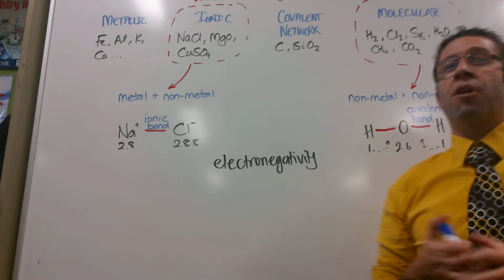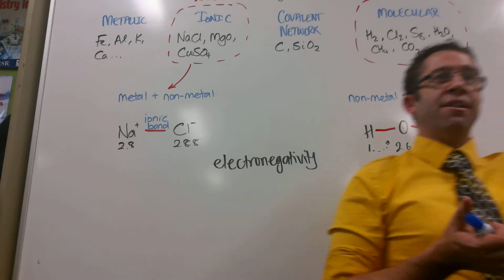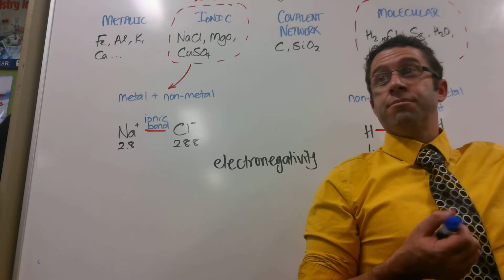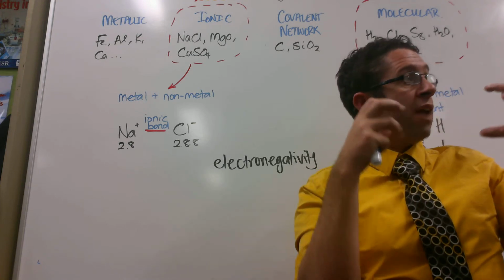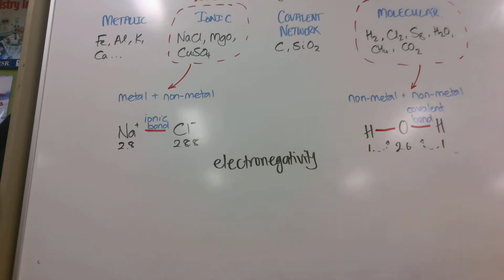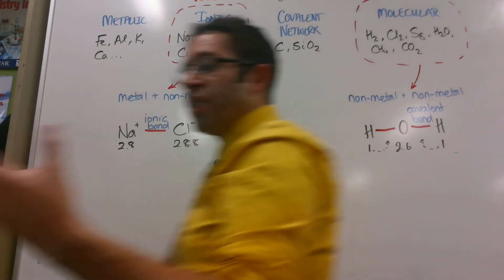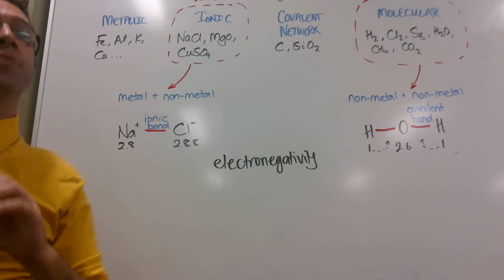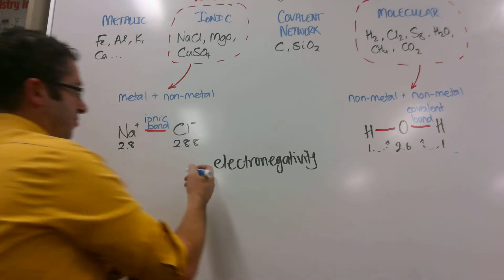So if they come nearby another element, they tend to give their electron away. They'll either give it away or share it because the relative attraction is so low. So electronegativity is a measure of how strongly an atom attracts bonding electrons, or outermost electrons.